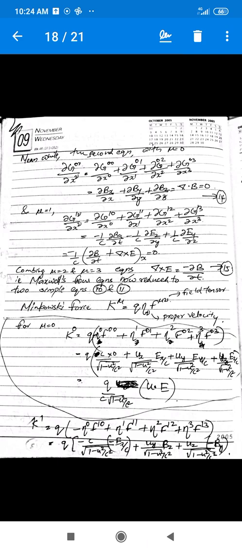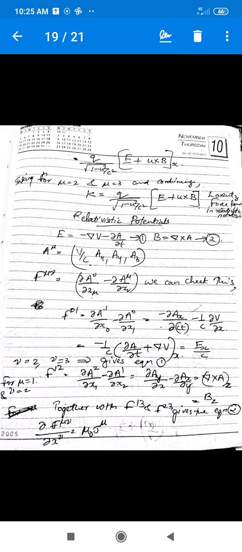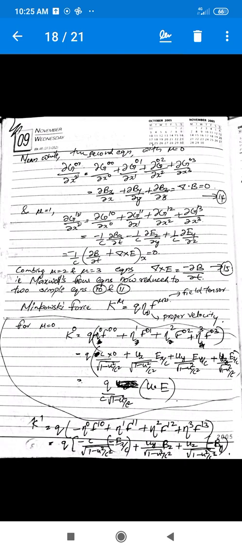So Q proper velocity into F mu nu, which is the field tensor. We can substitute that to find K0, K1, K2 and K3. All the values are written there. You can understand it from the note itself.